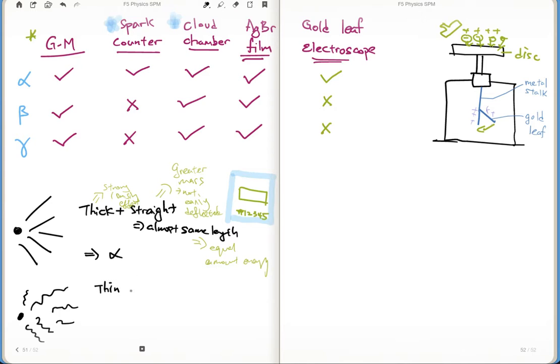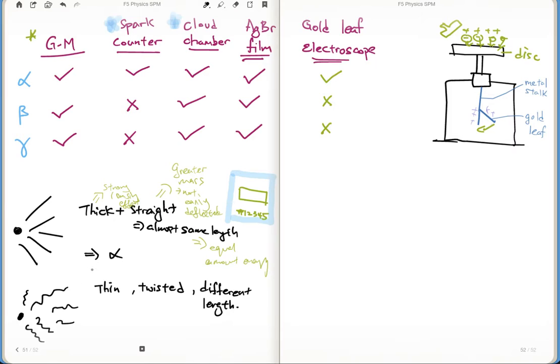The track is thin. Twisted is the word to use, and different lengths.